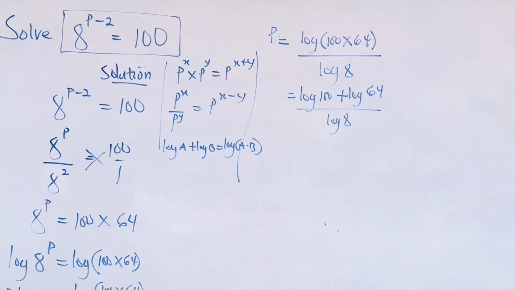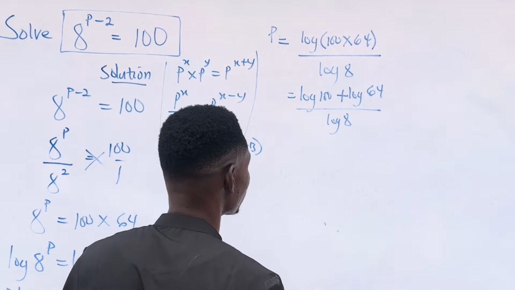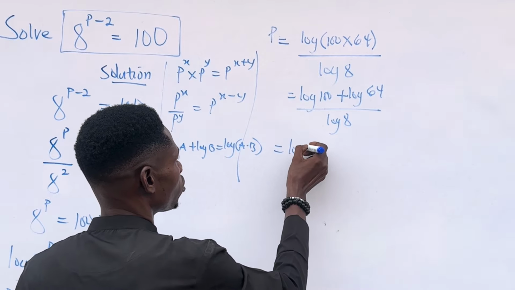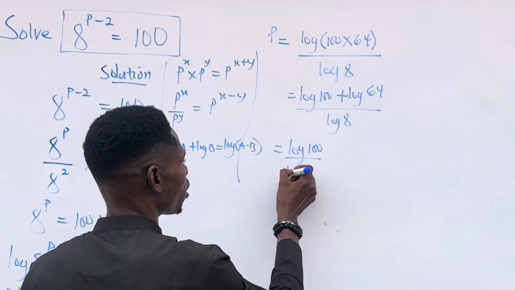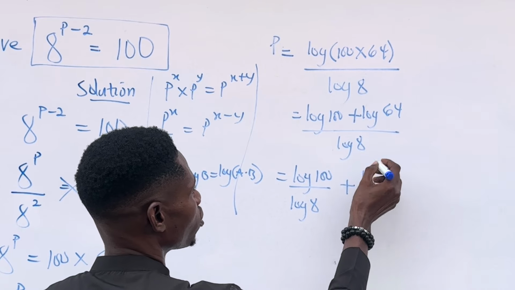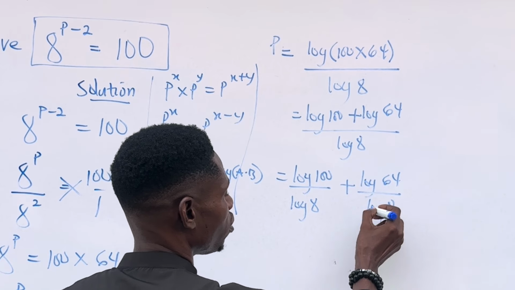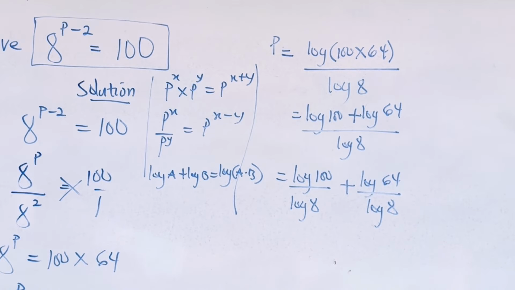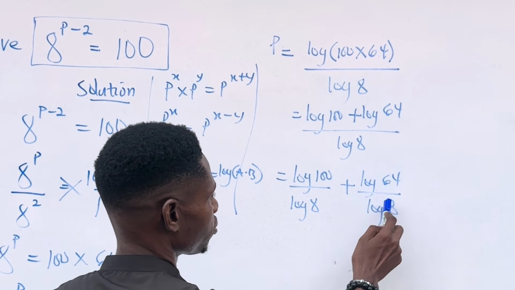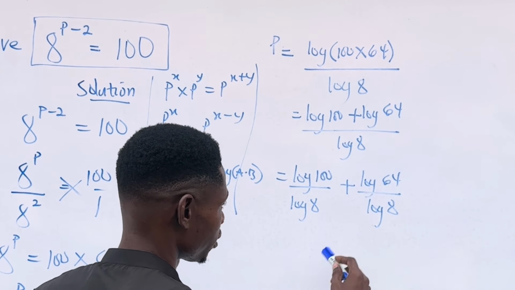Okay, so let's break the 8. Let's divide these fractions. So this will give us log 100 over log 8 plus log 64 over log 8. Okay, this 64 and 8. 64 is 8 square, right?